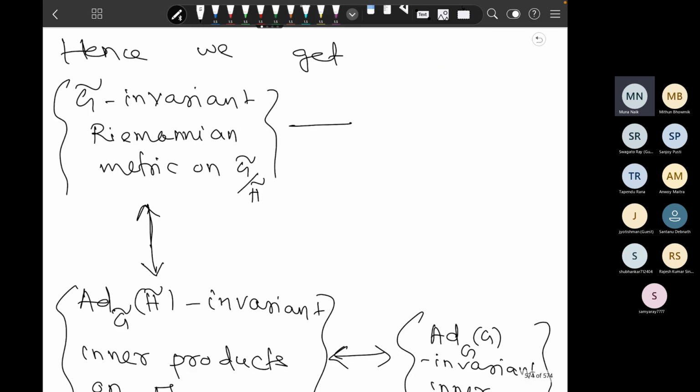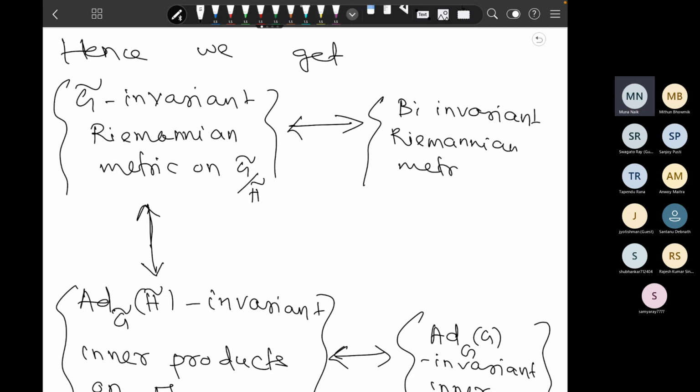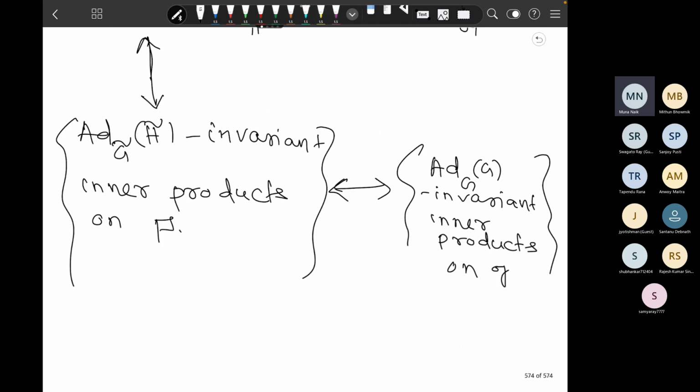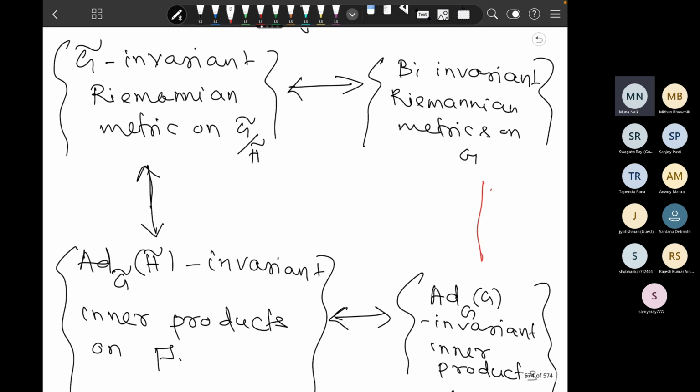And this G tilde invariant Riemannian matrix on G tilde mod S tilde is one-to-one correspondent with invariant Riemannian matrix on G. So hence you will get that there is a one-to-one correspondence between this and this.